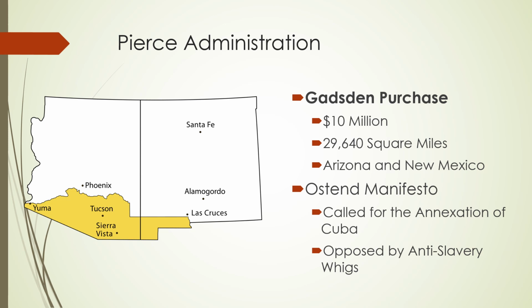The Whigs, particularly the anti-slavery Whigs, remember the Whigs is a pretty diverse party. They got a lot of irons in the fire. But the anti-slavery Whigs sort of shot this down because they believed that the U.S. annexation of Cuba was really just a way to expand slavery and essentially create a new slave state. So that didn't happen.